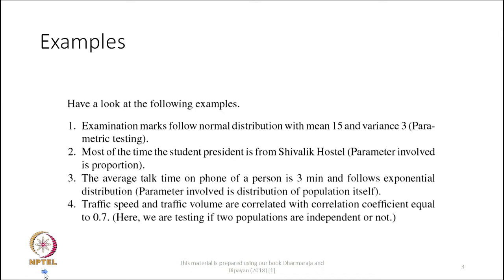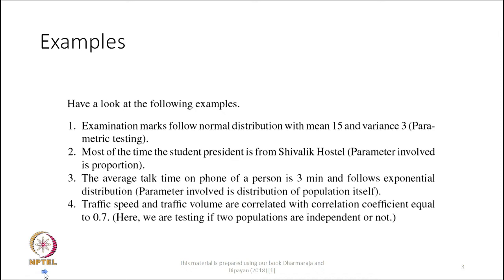Similarly, the last example: whenever you take some observation, whether the observation involves many attributes, whether those attributes have any dependency or no dependency, or if you say that there is a dependency of this much, whether that can be rejected or not rejected.